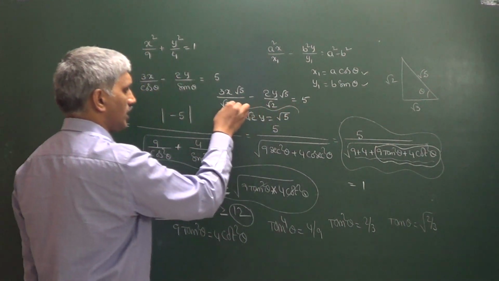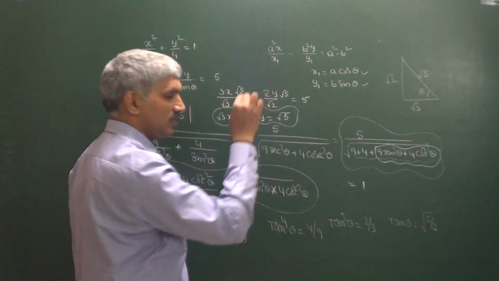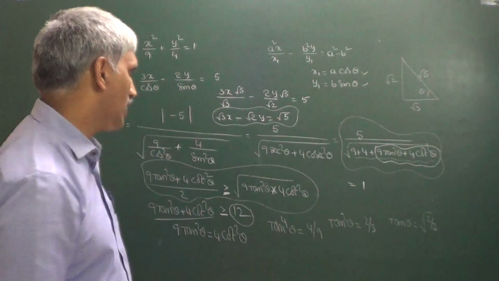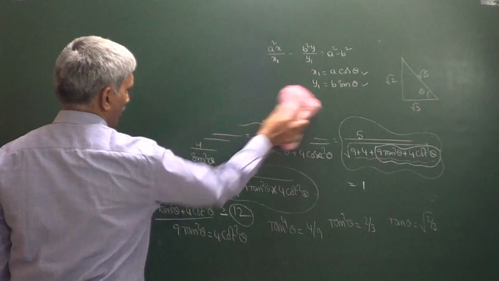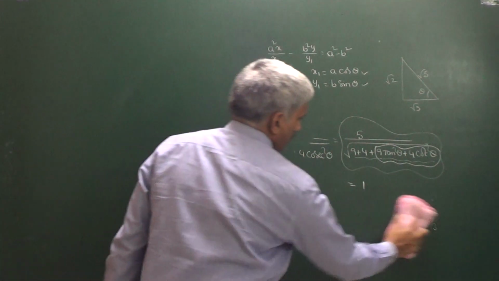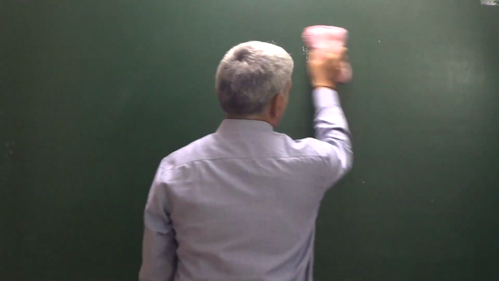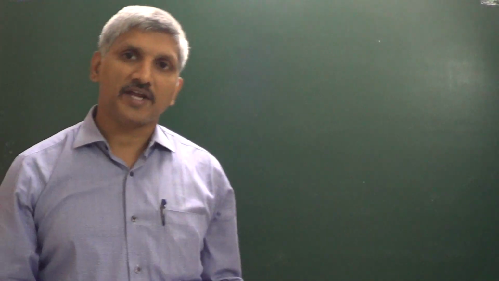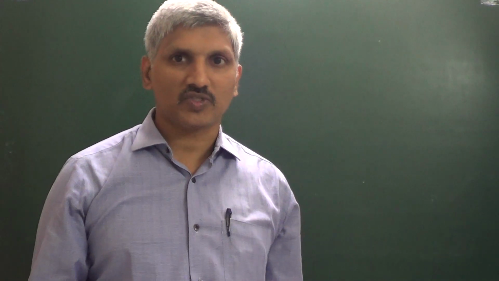So this is the equation of the normal which has a maximum distance from the center of the ellipse. Here we used the condition arithmetic mean greater than or equal to geometric mean to get the minimum value of 9 tan square theta plus 4 cot square theta.